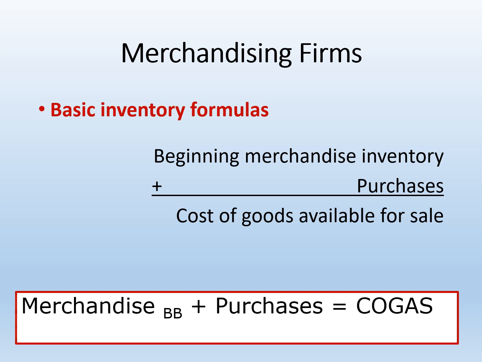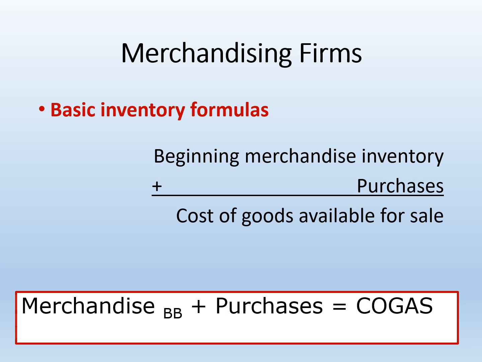And this story tells us that the dollar value of all the merchandise that the firm had from last period left over at the end of that period, plus all of the new merchandise that the firm acquired during this period, equals all of the merchandise that the firm could possibly sell in this period.